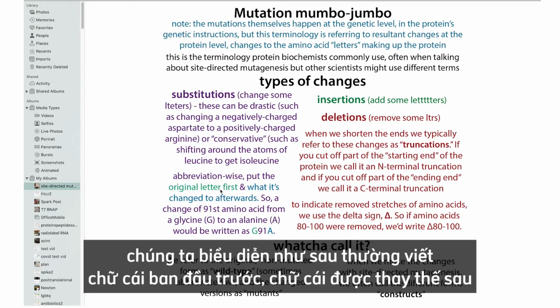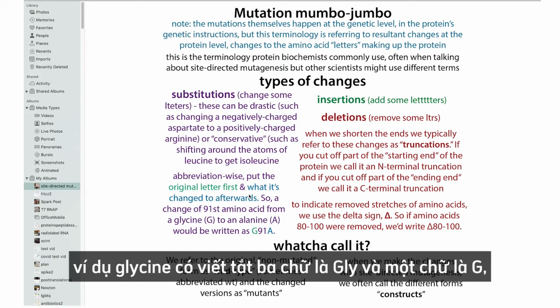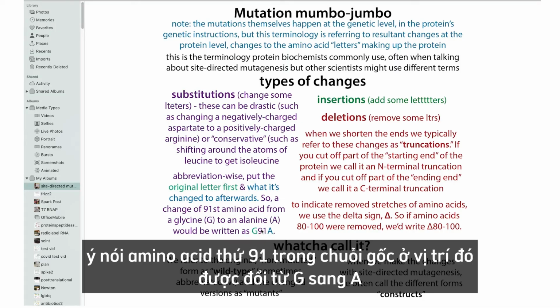We usually put the original letter first and what it's changed to afterwards, often using the one-letter abbreviations. For glycine, we saw the three-letter abbreviation was GLY and the one-letter is G, and alanine would be ALA and A. So if we changed a glycine to an alanine, we would write that as G91A. We're saying the 91st amino acid in that chain, or that residue, I guess, at that point, we're changing from a G to an A.